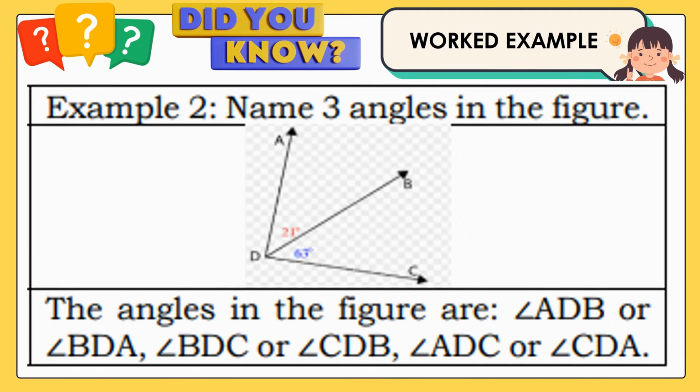Example number 2. Name 3 angles in the figure. The angles in the figure are angle ADB, or angle BDA, angle BDC, or angle CDB, angle ADC, or angle CDA.